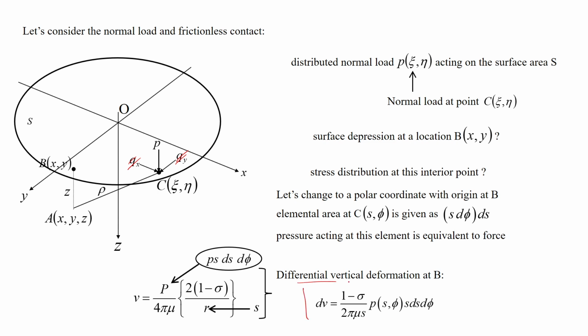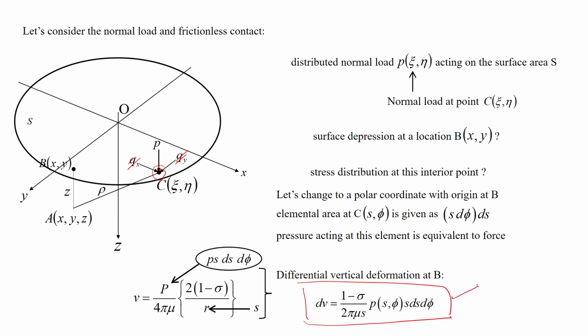So, this is the differential vertical displacement at this particular point B because of this small force, the P that has been applied over an infinitesimal area at this particular point C. This is the quantity.